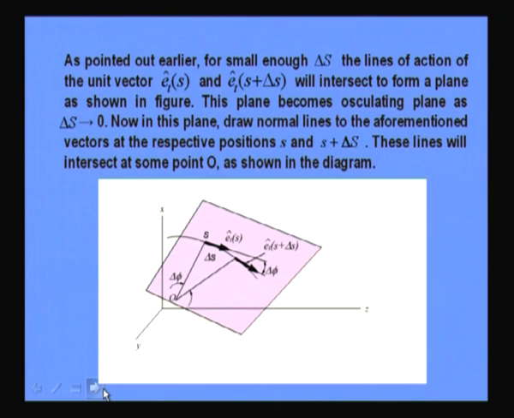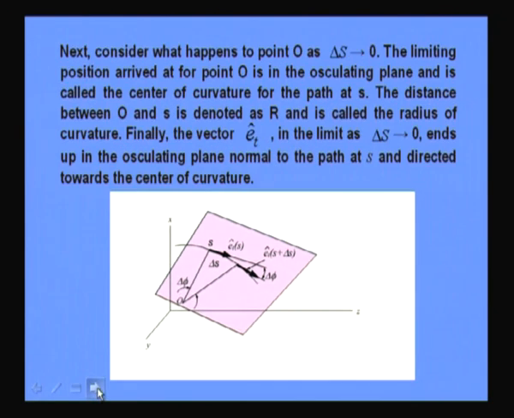Now we have drawn normal lines to these vectors and they intersect at point O, which has been explained earlier.